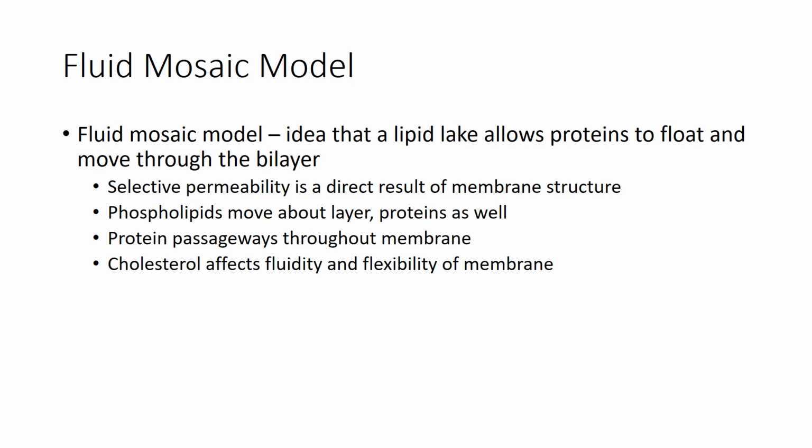Now, let's think of all of those words together. Fluid means that something's constantly changing. It's not solid, it's not stable, it's something that can adapt and change depending on the situation. A mosaic, if you look at a stained glass window, usually you consider those mosaics because you have tiny pieces of colored glass that when you put them together, they make up one picture.